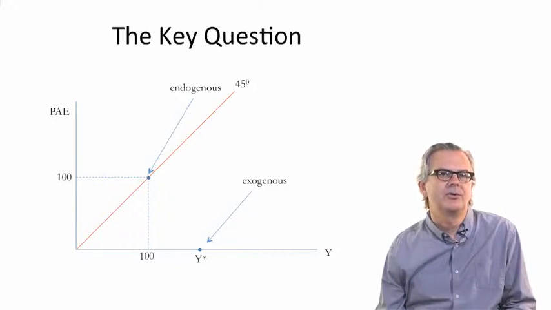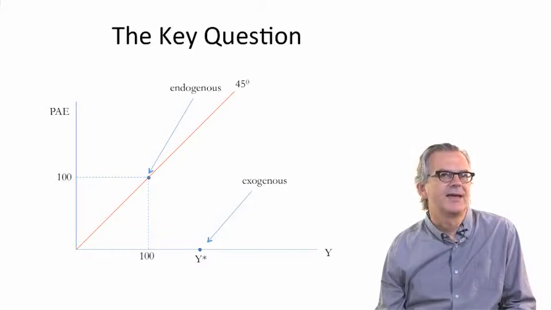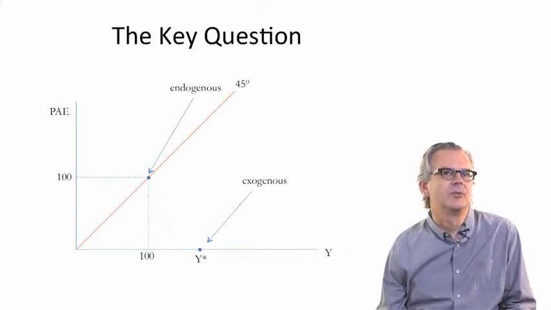Now, why that is so important in terms of understanding the business cycle is because, as you'll see, the economy's equilibrium is endogenous in this framework. That is, the model will explain for us in a very systematic, logical way where the economy's equilibrium is, or if you like, what the economy's equilibrium flow of GDP will be.